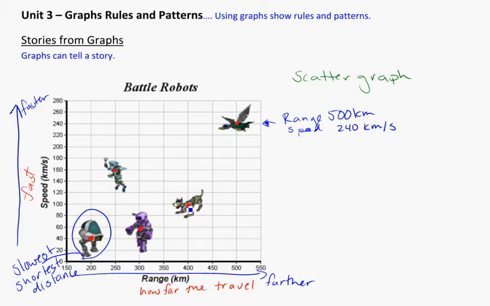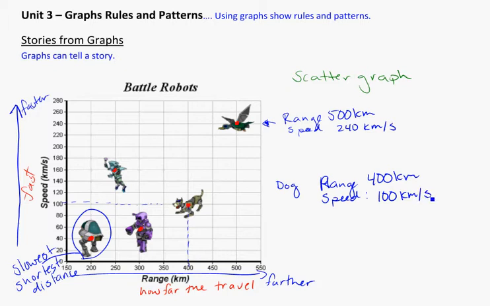So again, to figure out how far these things go and how fast they travel, you can just track down. So the dog is again going to be a range of 400 kilometers. And the speed for this guy, we track along to the speed axis, we see that he travels at 100 kilometers per second.